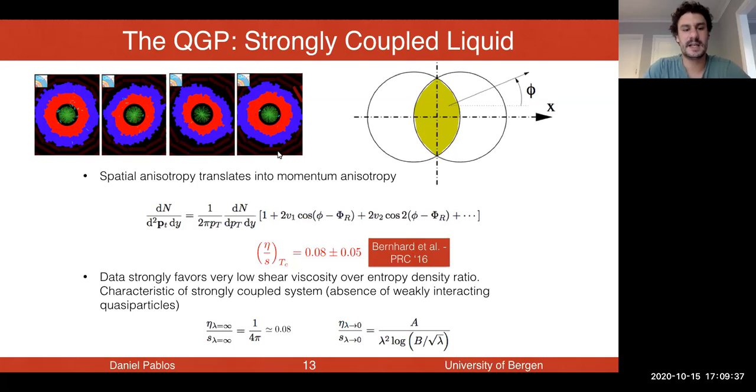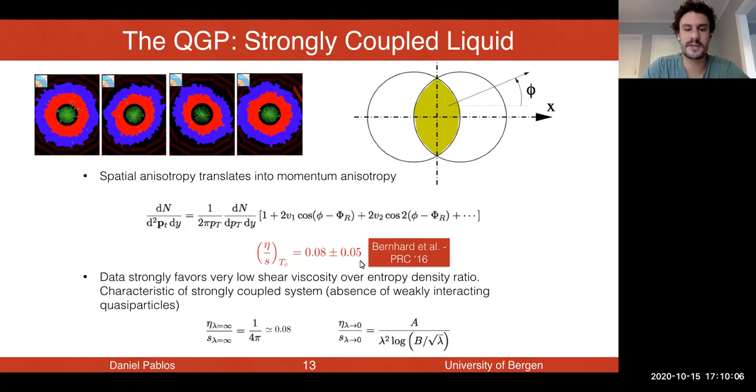You can even see in some events that there's definitely a shape to them. Wherever there is more energy, it's because the explosion was more violent, and it is across the largest gradients. For instance, in this case, you see larger gradients across the x-axis. So this is a completely classical, so to say, behavior of hydrodynamics, and it was very surprising.